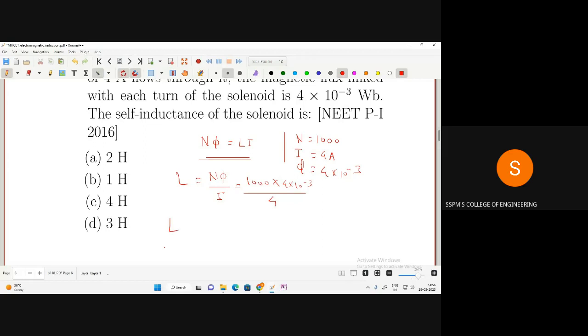Then find L. L is equal to 1000, which can be written as 1 into 10 to the power 3, 4 divided by 4 is 1, 1 into 10 to the power minus 3. And self-inductance is equal to 1 Henry. This is a very simple example. This example was asked in the NEET exam year 2016 in paper 1.